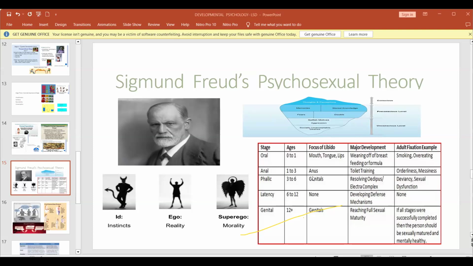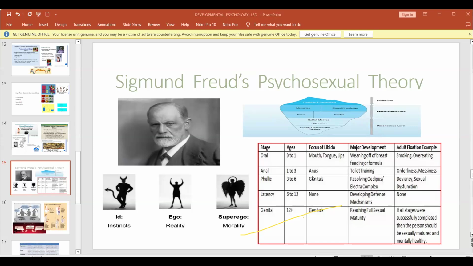For example, from birth up to 1 year, the child seeks gratification of the body part that is mouth, tongue, lip. If you take the second stage from 1 to 3 years, the child needs gratification and stimulation in the anus. So accordingly, different ages have different body parts or erogenic zones.